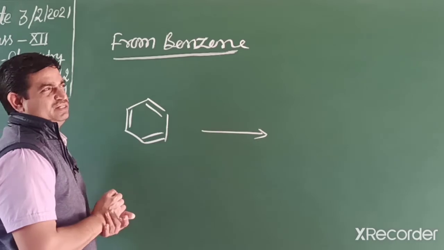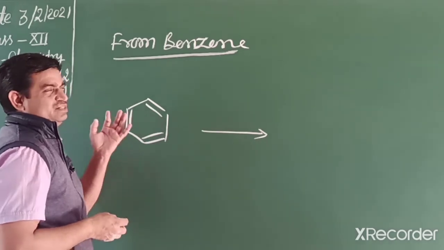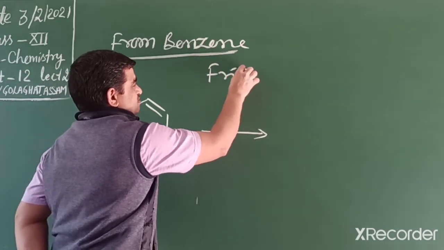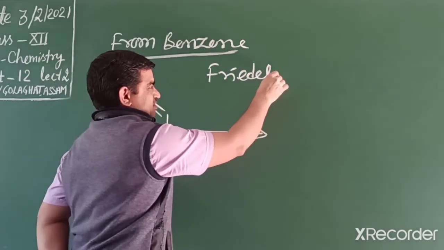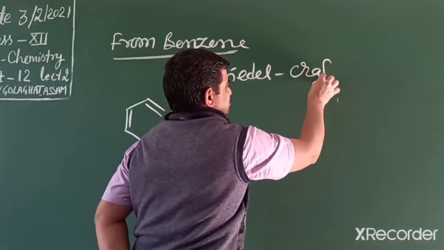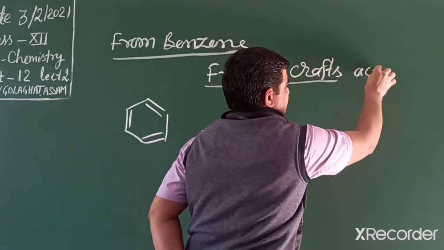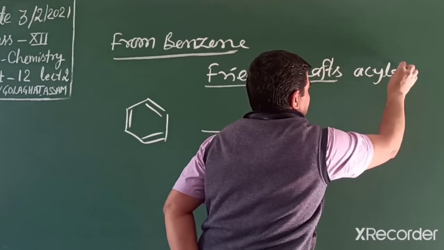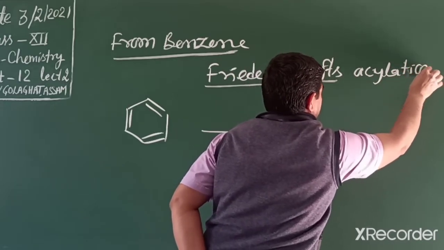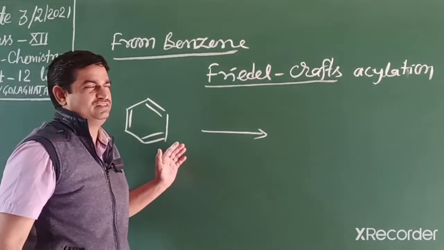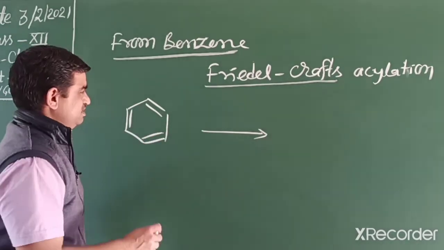A particular reaction that we many times discussed, Friedel-Crafts acylation. By Friedel-Crafts acylation we can convert benzene and substituted benzene into corresponding ketones.